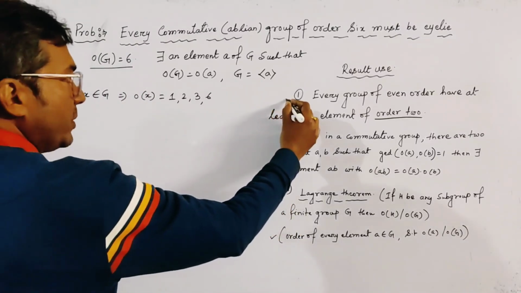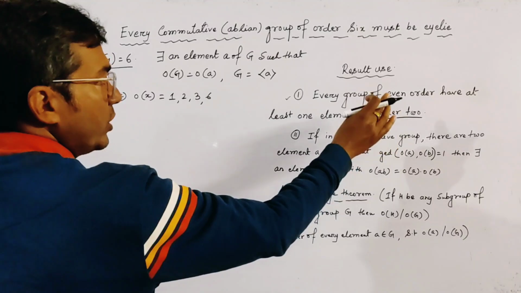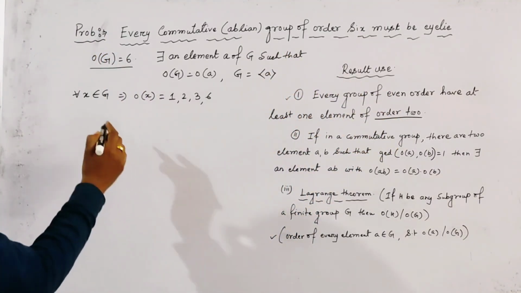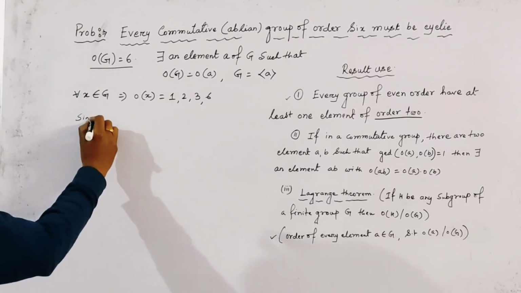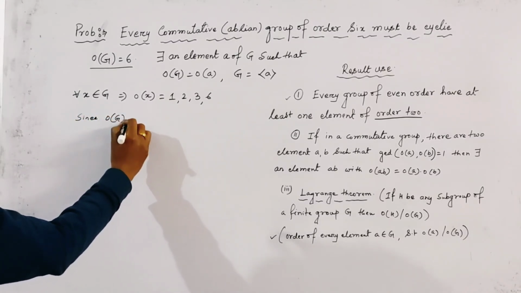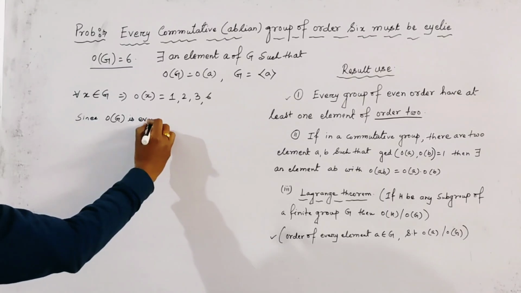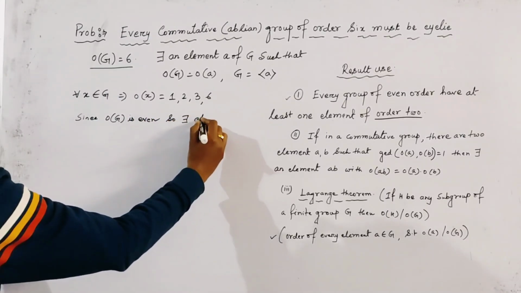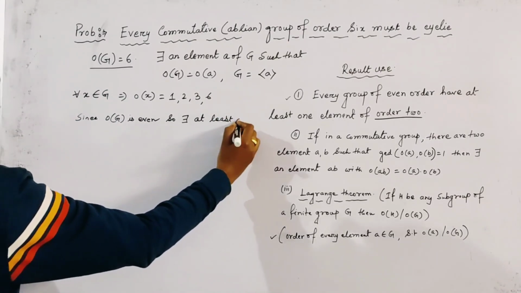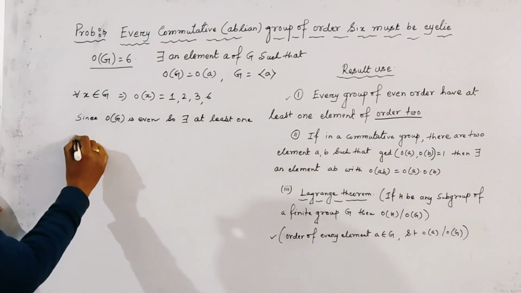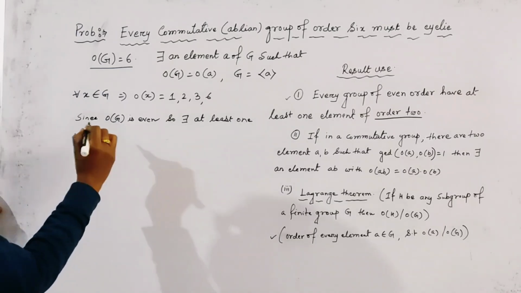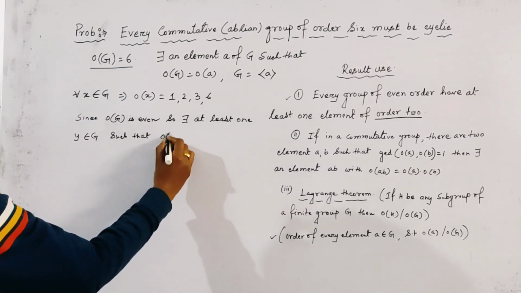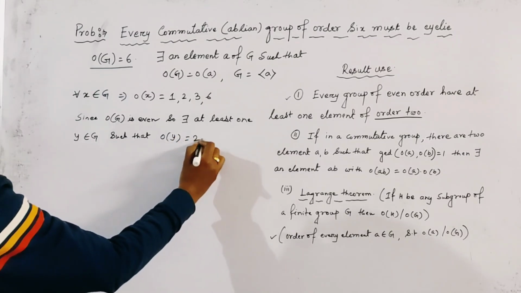Using the first property, there must exist an element of order 2 because 6 is an even number. Since the order of G is even, there exists at least one Y belonging to G such that the order of Y is equal to 2.